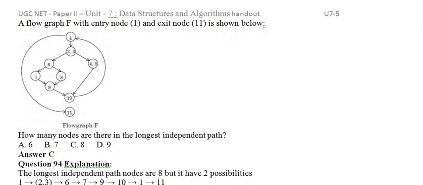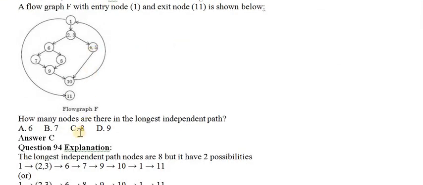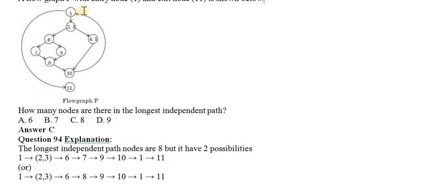The next question is again the same problem: how many nodes are there in the longest independent path? They are asking for the longest independent path, which means we go from one extreme node to another extreme node. For example, 1 to 2, 3, I can visit, and then 6, then 7, then 9, then 10, then 1, and then going on. This way I can go.